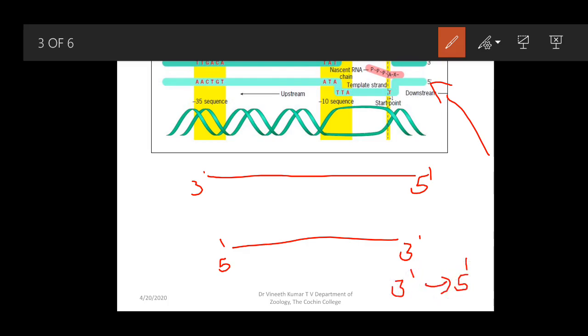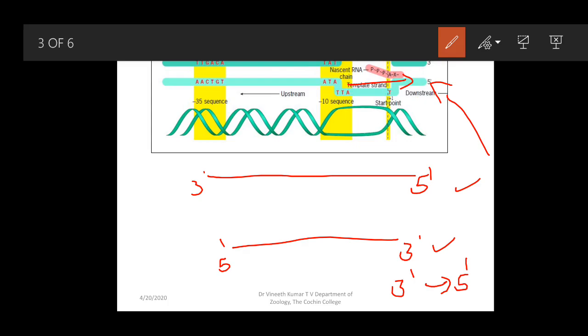This can happen in either template, wherever the gene is present. In the case shown above, you can see that the template strand is the strand which is below, and the synthesis happens in this particular direction, which is 3 prime to 5 prime.